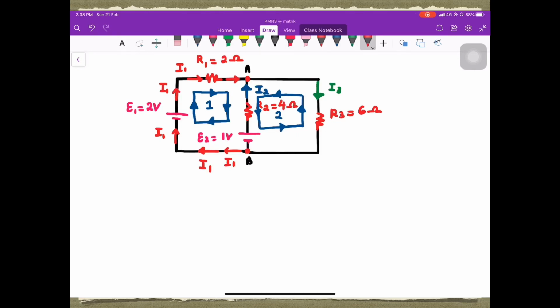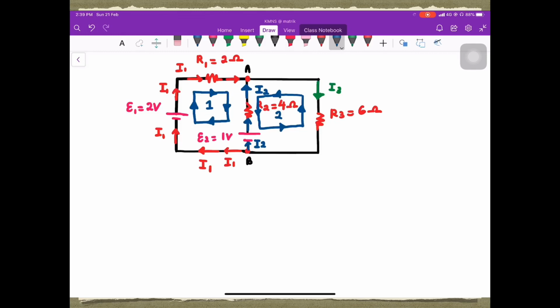What about I2? Only I2. Let's say this is the I2 given there. So this is the direction of I2, this is also the direction of I2. Okay, one direction, one wire.